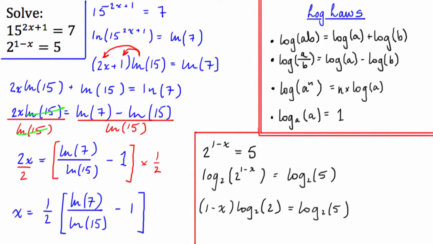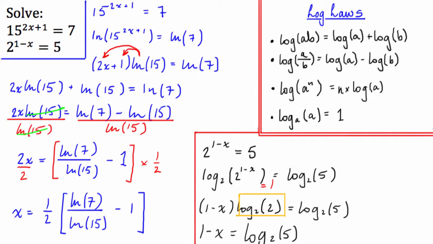What's cool about that is hopefully you'll see that we have log to the base 2 of 2, which is the same as log to the base a of a, which makes that equal to 1. So I can rewrite this as 1 take x equals log to the base 2 of 5.